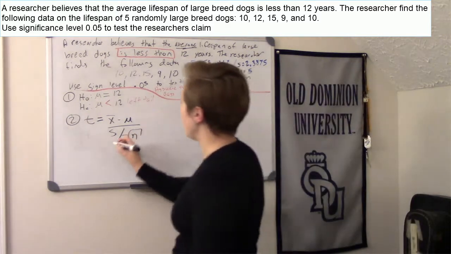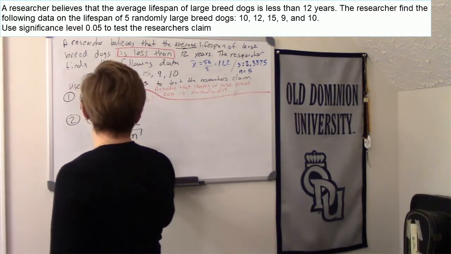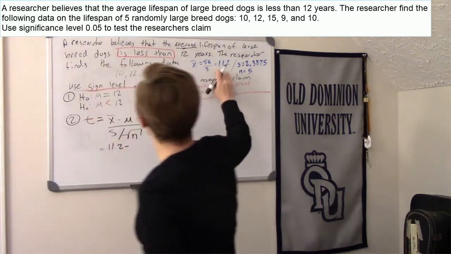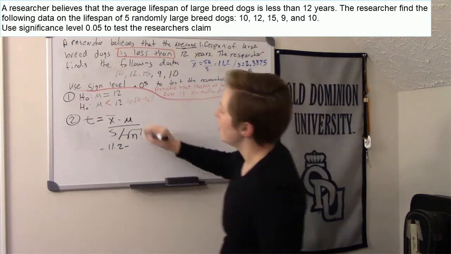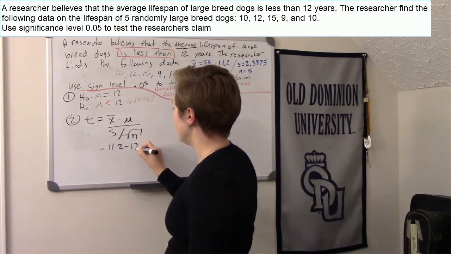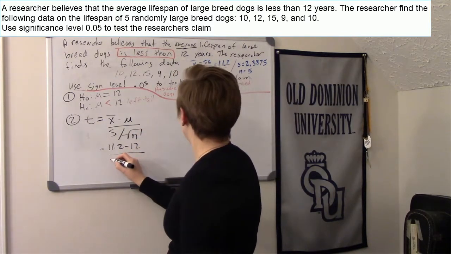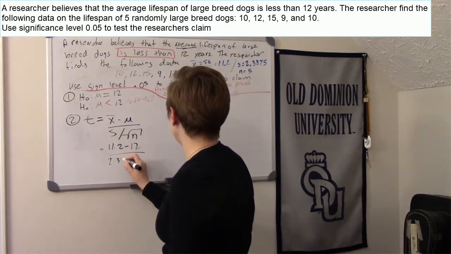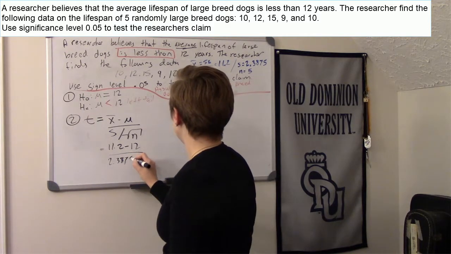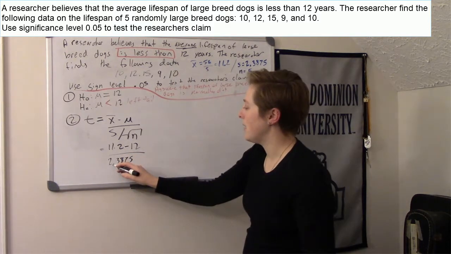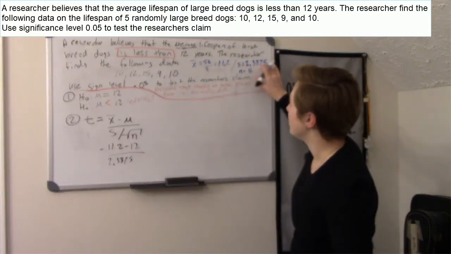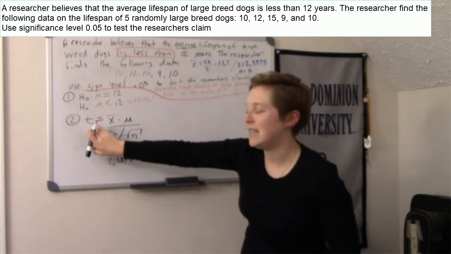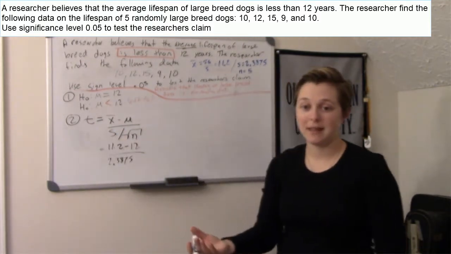Alright, so we have everything we need to calculate this. So this is 11.2, right? That's the sample average of these numbers. Mu, always assume the null is true. 2.38. By the way, I rounded the sample standard deviation to 4 decimal places. You should also do that because you want to make sure t is accurate up to 2 decimal places at least.